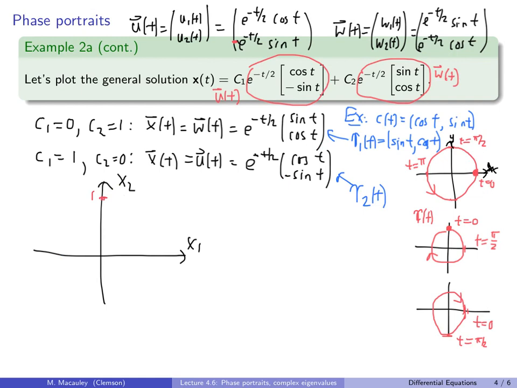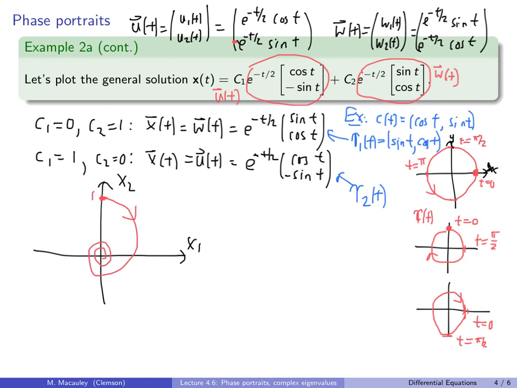So we're going to start here. This path is going to be going clockwise, but this is an exponential going to 0, so that's going to kill this circle and make it into an inward spiral. So we have a path that goes like this, but very quickly dies out into a spiral. And it goes in this direction.